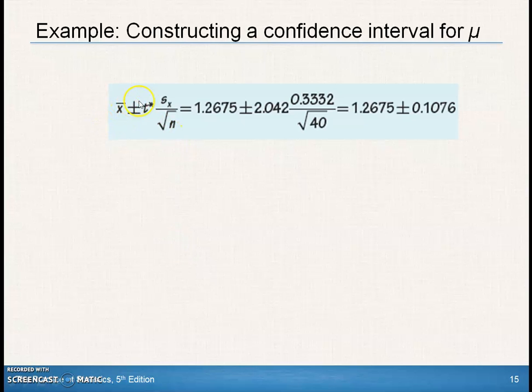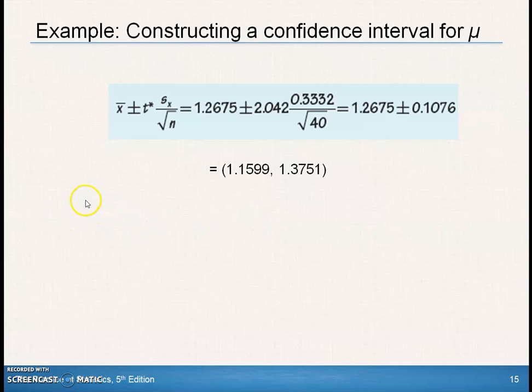So it's x bar plus or minus t star times s of x over the square root of n. So it's the statistic plus or minus the critical value times the standard deviation of the sample divided by the square root of n. All this comes out to 1.2675 plus or minus this, which gives this interval.